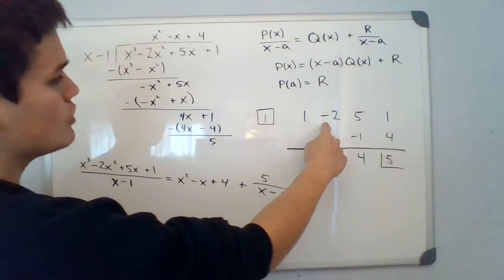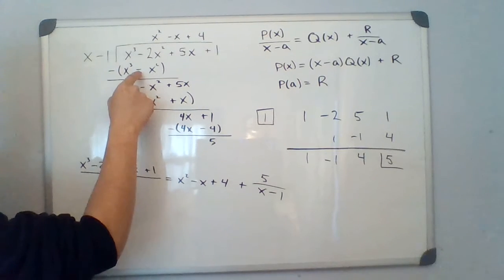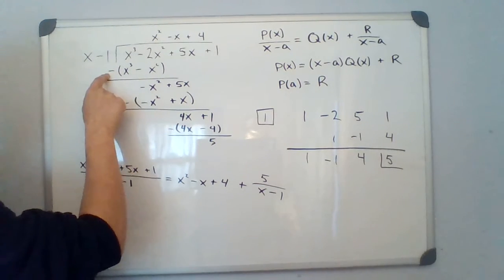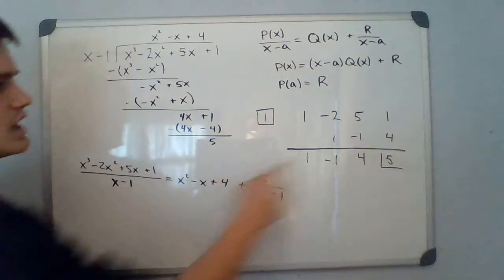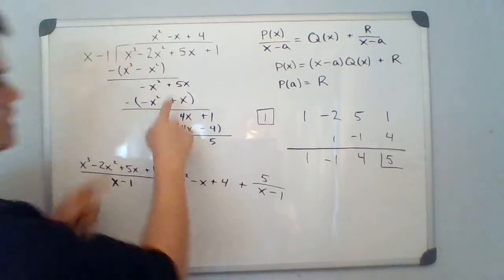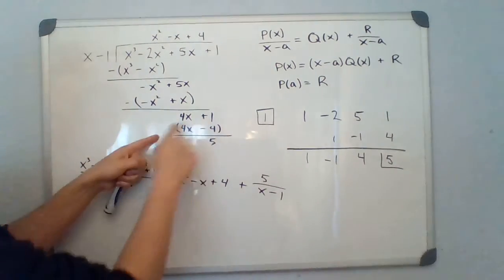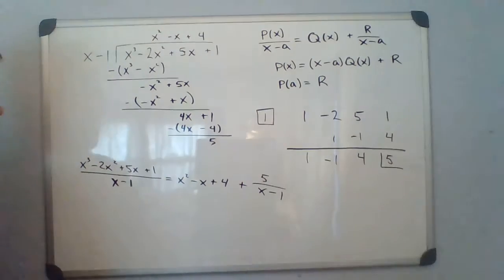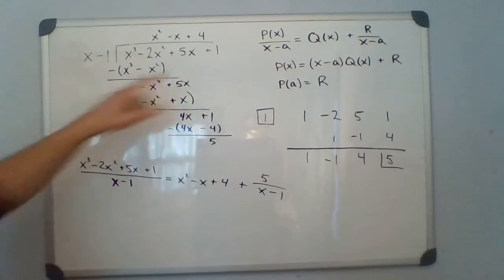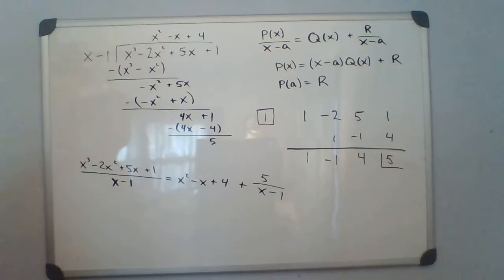So negative 2 plus 1 is the same as negative 2 minus, or if you could see this as if I had distributed in the negative, it would just be negative 2 plus 1. And then same here, 5 minus 1, 1 plus 4. So this is just kind of a shorthand for the algebraic long division that we did. If it's in the form of x minus a, the coefficient in front of x is 1.